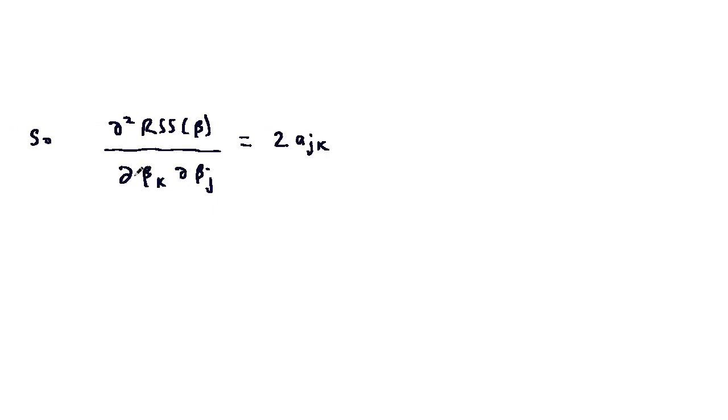So the matrix of second derivatives of RSS of beta is 2x transpose x. This matrix is called the Hessian. It's the matrix of second derivatives.